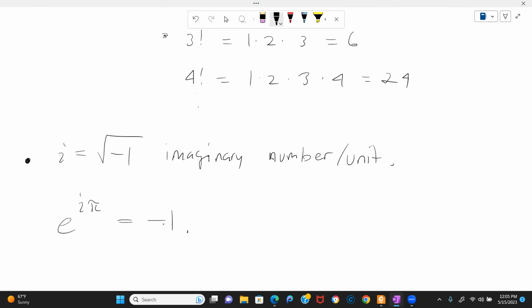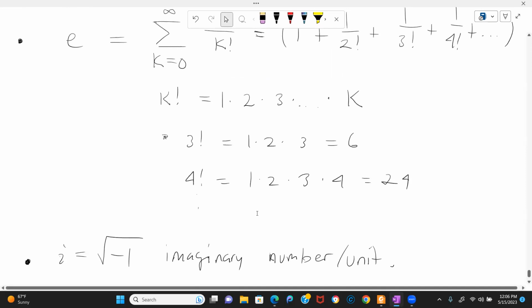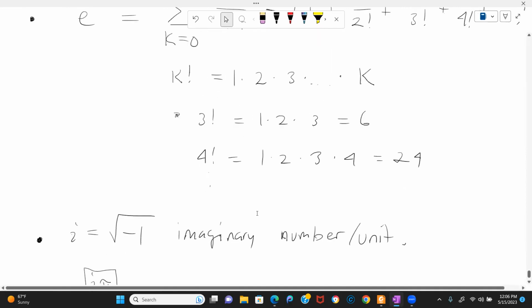So this illustrates how unusual the number e is and how unusual complex numbers can be. Because we know that when you raise a positive number to any power, you're going to get a positive number. But somehow when you raise e to this imaginary number times pi, you get a negative number, which is kind of bizarre. So this has a lot of unusual properties. It's a very nice number, and it simplifies calculations.